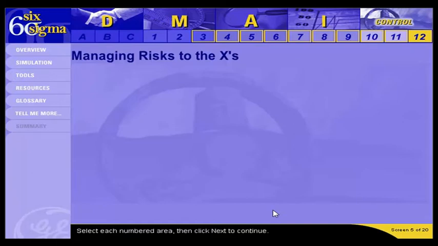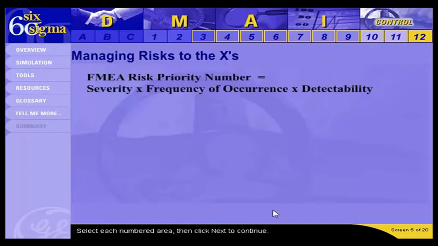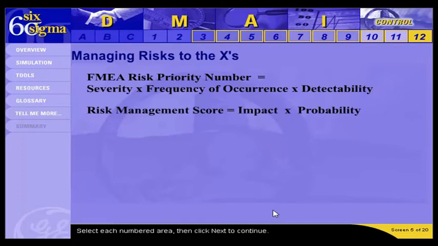With the FMEA, the risk priority number is calculated by multiplying severity times frequency of occurrence times detectability, while the risk management score is impact times probability. The two formulas use different terms, but really severity and impact are synonymous, and so are frequency of occurrence and probability. The key difference is that detectability is also included in the FMEA score.